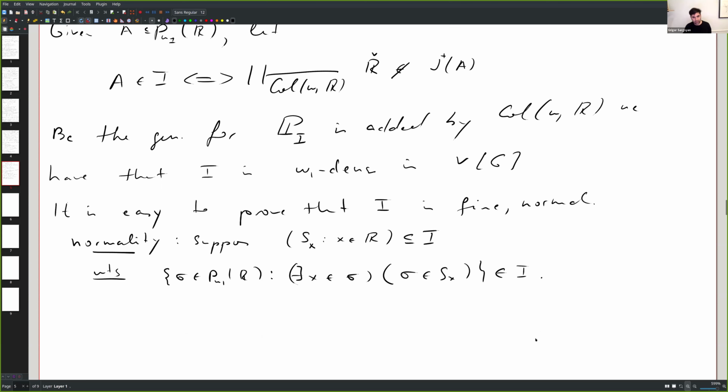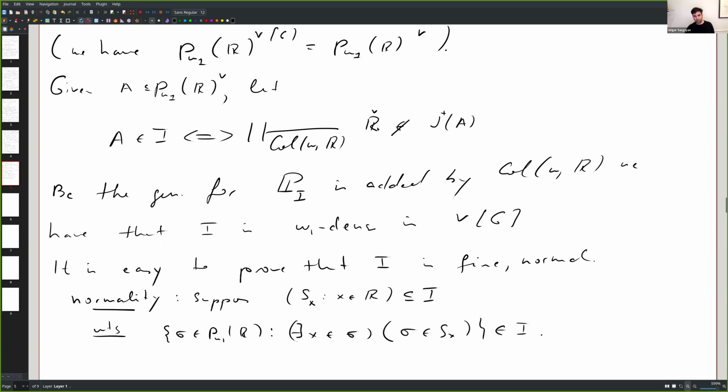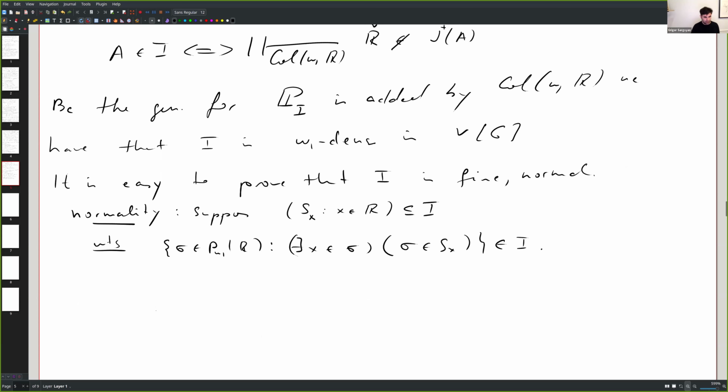Okay, so what does it mean to be in the ideal? It means that it's never the case that R is forced to be in the J image, i.e., we want to see that it's forced by the collapse of omega to R, that R is never in J plus of this.